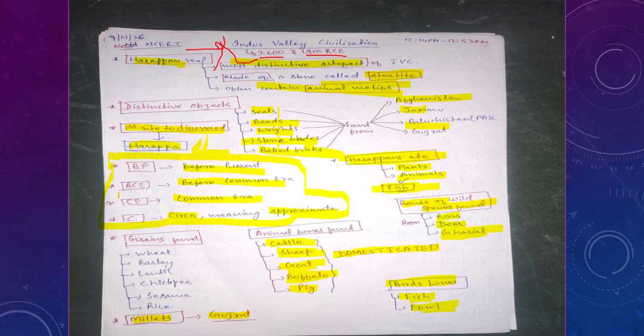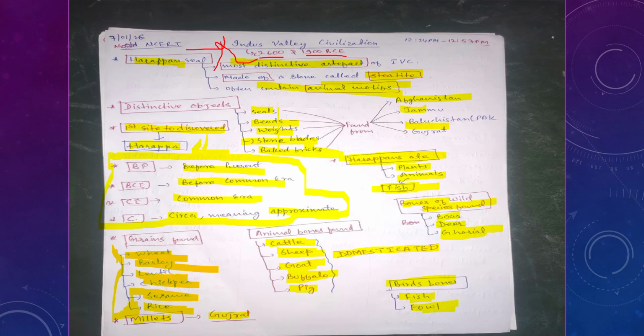Now grains that have been found include wheat, barley, lentil, chickpea, sesame, and rice. So rice was there, wheat was there, barley was there, lentil, chickpea, and sesame were there. Remember the three most important names: wheat, barley, and rice.